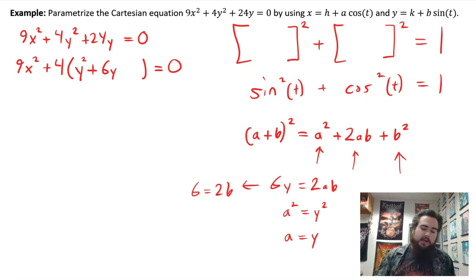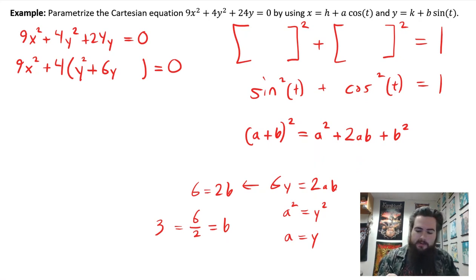Meaning, if I need to figure out b, I need to simply cut 6 in half, which will give me 3. That is the number in my expansion of the binomial. Here, that would be 2 times y times 3. That does indeed give me 6y.